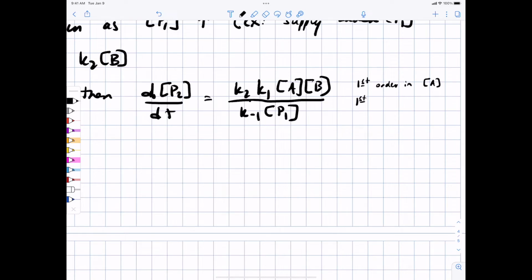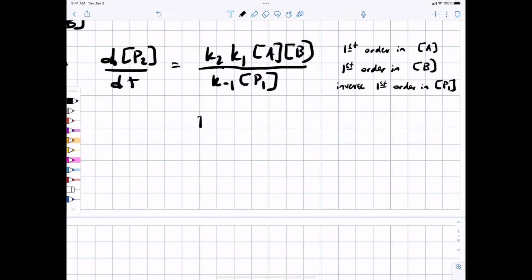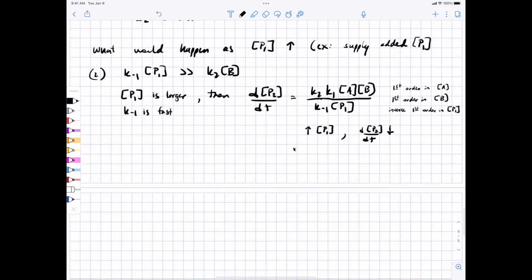It's also first order in B, and it's inverse first order in product concentration. In other words, if we increase the concentration of product 1, the rate of appearance of product 2 decreases. And this situation is often called product inhibition.